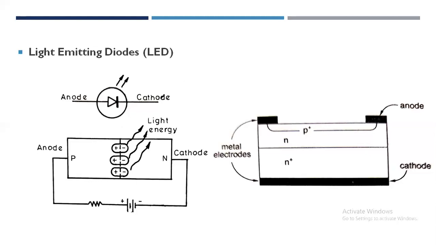Light emitting diodes are rugged, small, and have a very long life. They can switch rapidly. LED has wide application as a numerical display used to indicate the numbers 0 through 9.